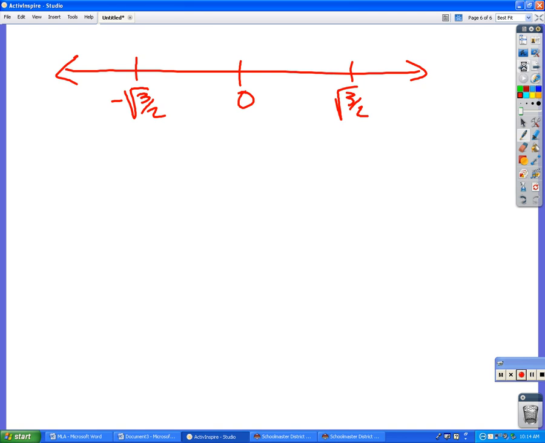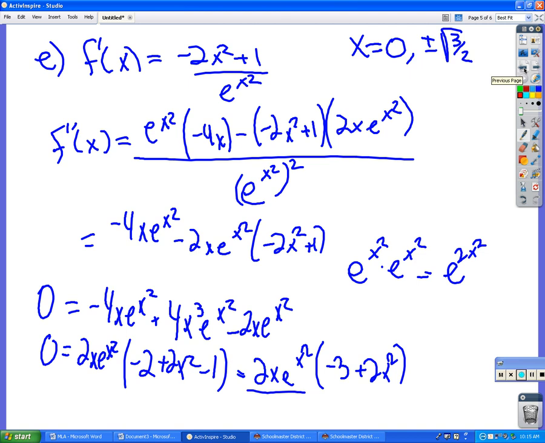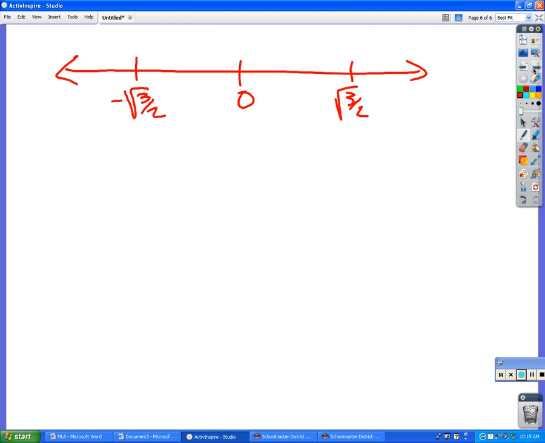If you plug 1 into here, then this is going to be positive. I don't care what the actual value is, I just want to know that that part's going to be positive. If you plug 1 into here, then this comes out to be negative, and a positive times a negative is a negative. So in this region right here, it's concave down. Here, right here, it's concave up.